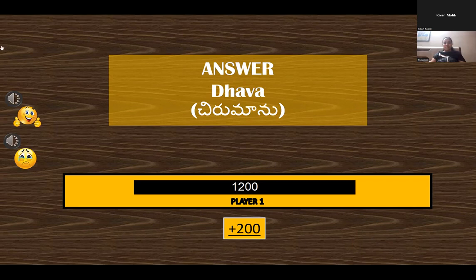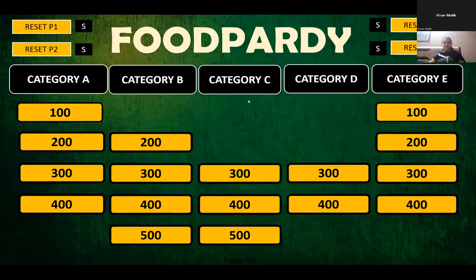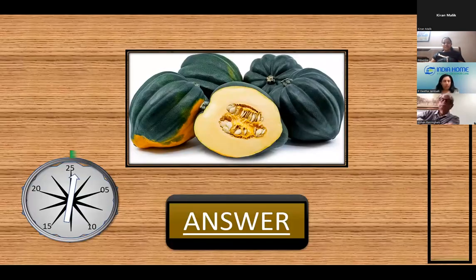Kamuben, please choose the next one. Category or number? A for 200. Okay, Kamuben, show us the photo and tell us. Oh, I know this one. In Gujarati we call it kolu.